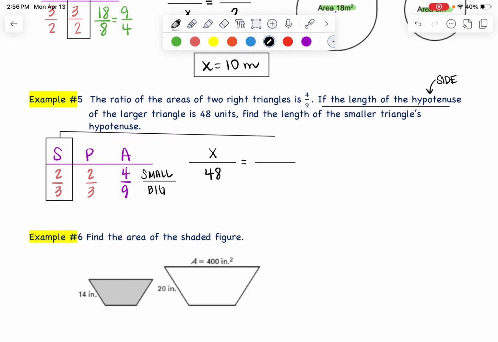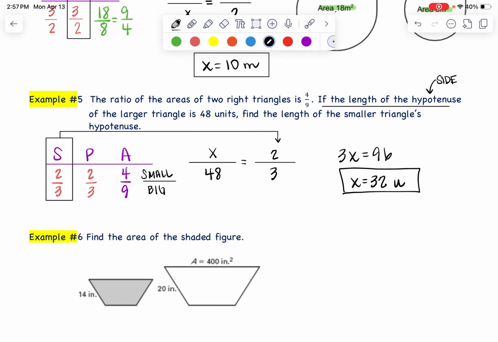I don't know what the side lengths are of the other hypotenuse, but I know it has to be in a 2 to 3 ratio, because that is what my SPA chart is telling me, because we're square rooting that 4/9 to go back a dimension. And then from there, it's just an easy cross product. All right, so 3x equals 96. So x equals 32. And I'm just going to put units because it didn't really specify anything else.